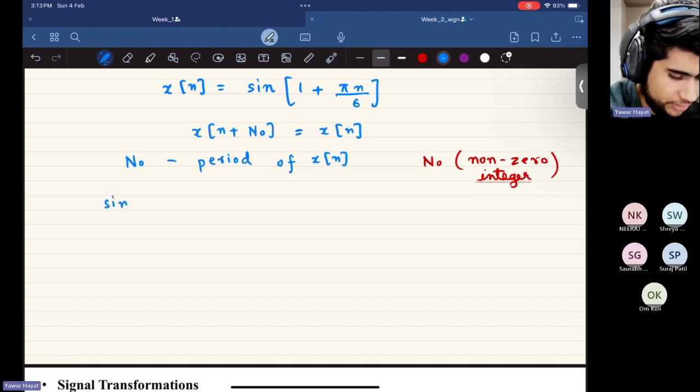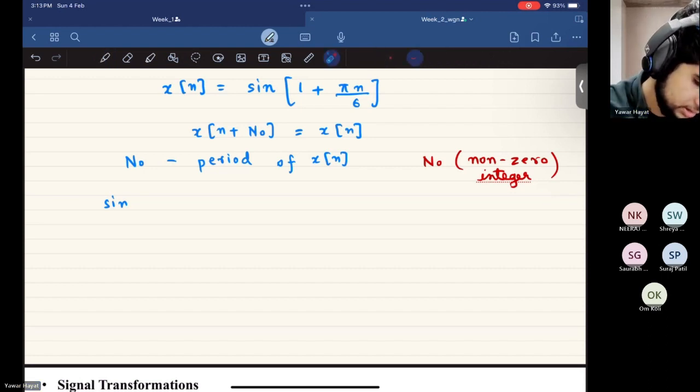Now, x of n plus n naught is x of n, right? I'm talking about this. x of n plus n naught is x of n, and my x of n is given by this function. So I'll substitute n by n plus n naught and get this left hand side.